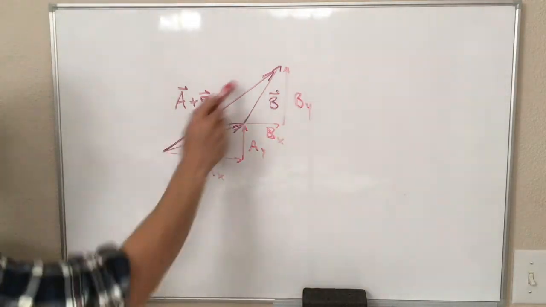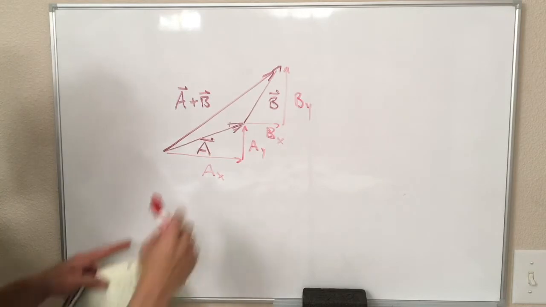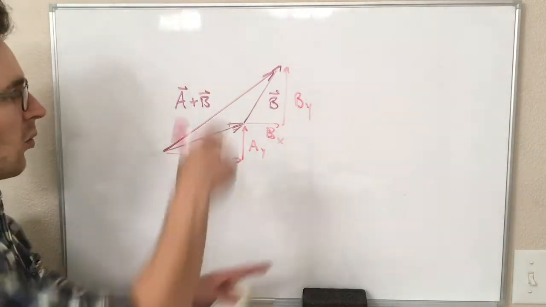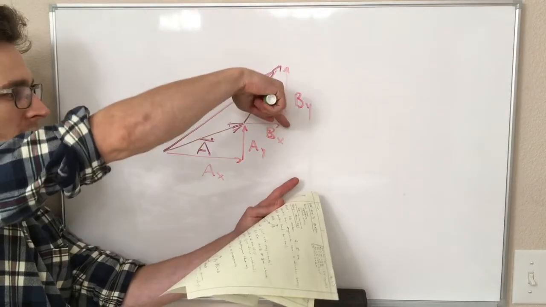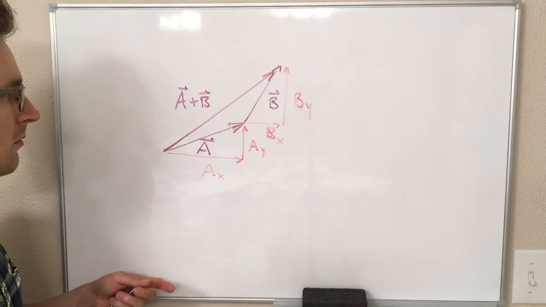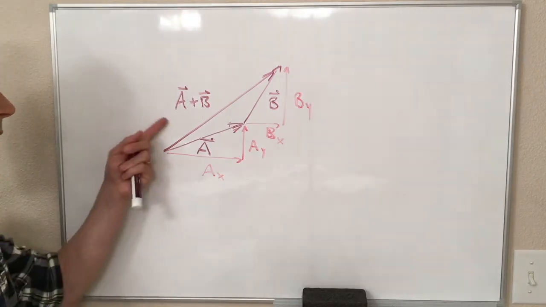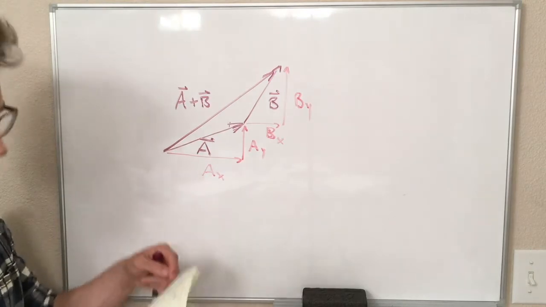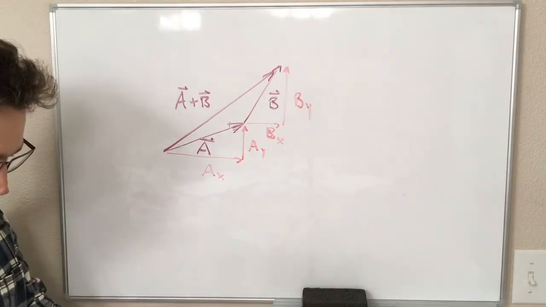And then for our big A plus B vector, the x component of this vector is just Ax plus Bx. The y component of that vector is just Ay plus By. And we know how to do every step of this, so we know how to figure out exactly what A plus B is for a vector pointing in any direction.